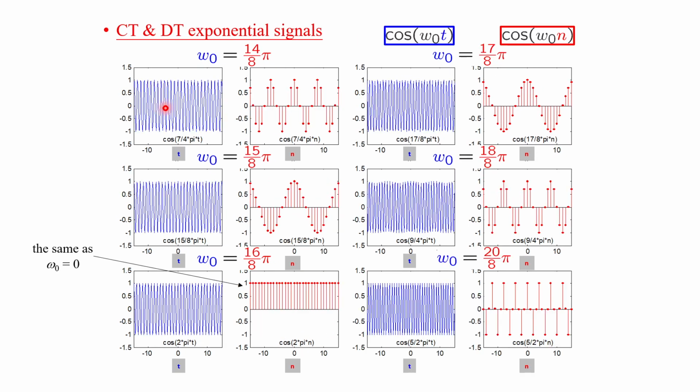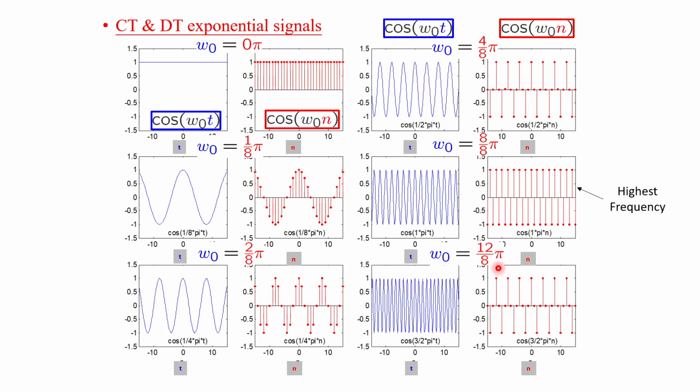So if your frequency is too high, then your discrete values actually don't see the higher frequency. The frequency is actually meaningful only up to the range of 2 pi, so you only care about frequency from 0 to 2 pi.